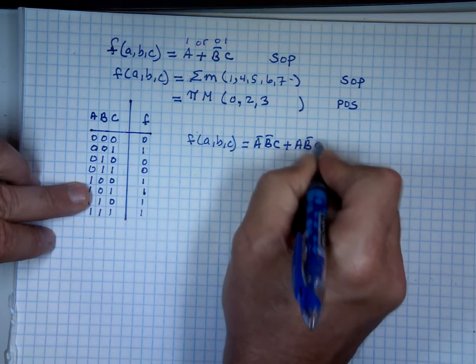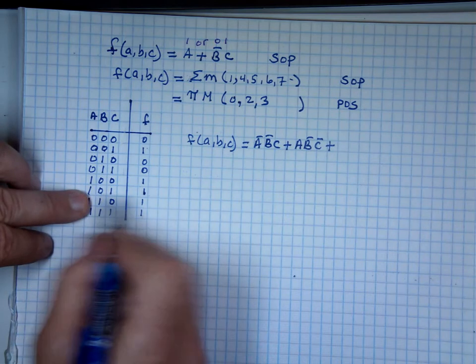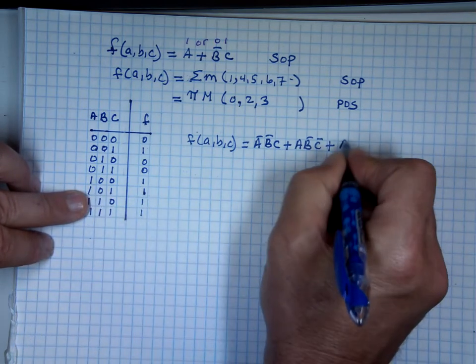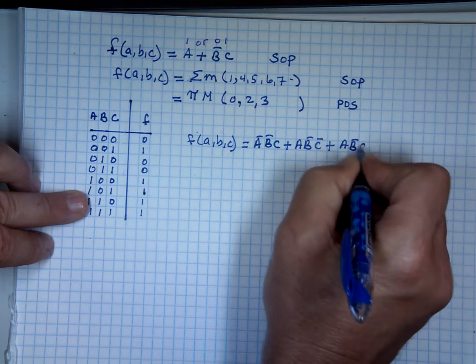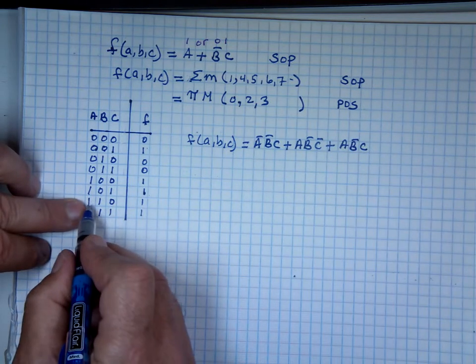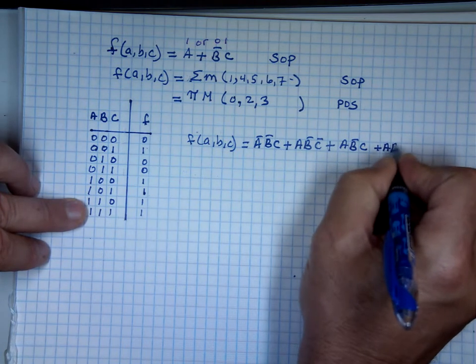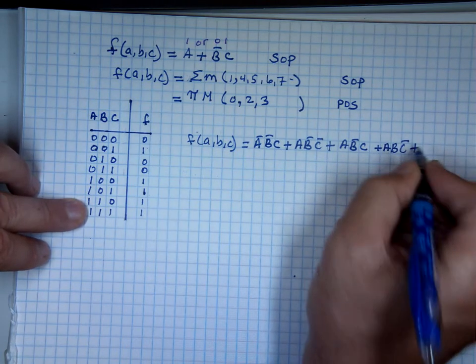Add to it the 1 here, A, B bar, C. Add to it A, B, C bar. And add to it A, B, and C.